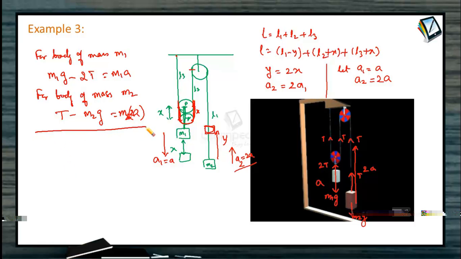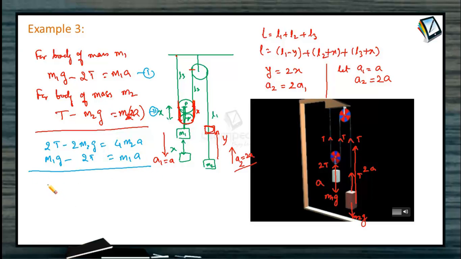Now let us simplify this. First we multiply this equation by 2 so that we can cancel out the tension. 2t minus 2m2g is equal to 4m2a. Now we bring equation number 1 here. We get m1g minus 2t is equal to m1a.